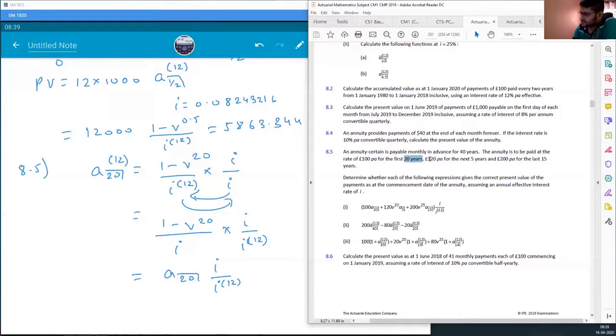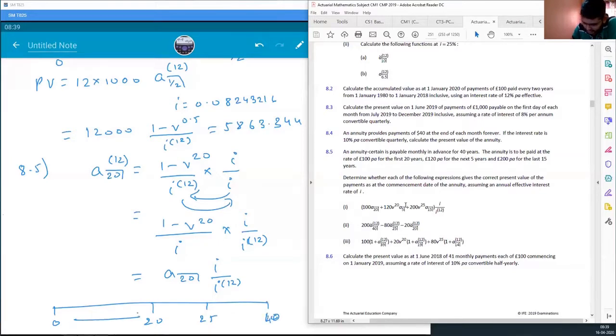So this is okay. Then 120 for the next 5 years, and V raised to 20, we have to discount for 20 years. But the problem here is that in discounting, I by I-12 should not be multiplied. To convert an annuity we have to multiply, but for discounting we need the same discounting. We want 20 years of discounting because for the first 20 years we have one annuity, for the next 5 years a different annuity, and for the next 15 years another annuity.